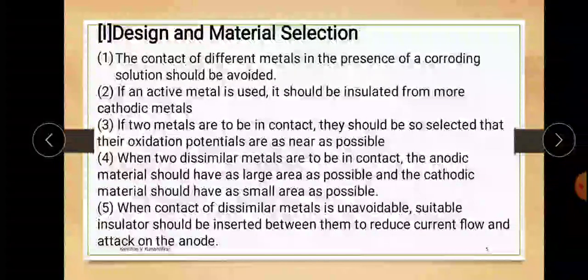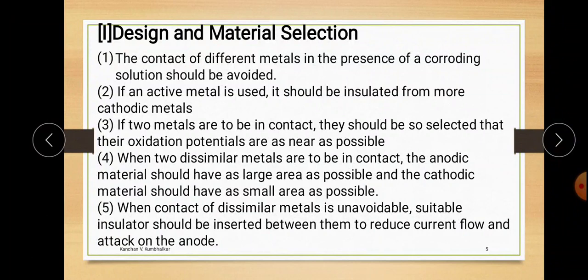Corrosion does not happen at the normal rate as when we are using two different types of metal. So if it is possible, avoid the contact of two different metals, and it can be done by using only one type of metal, or by using an insulation in between the two metals.